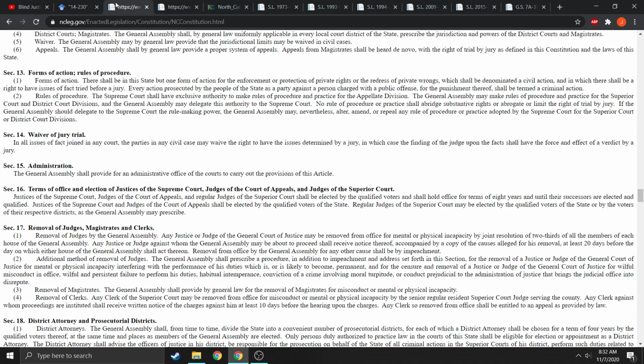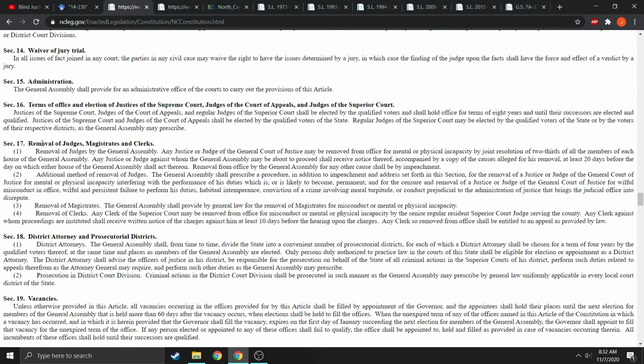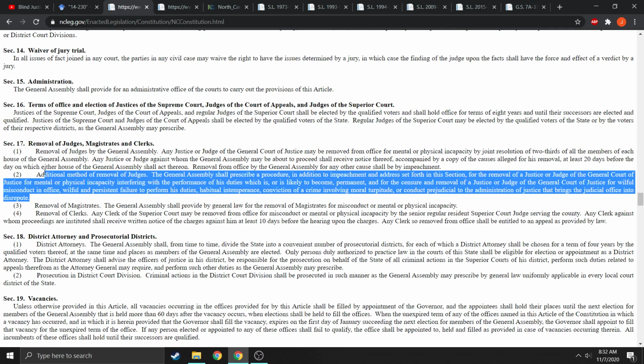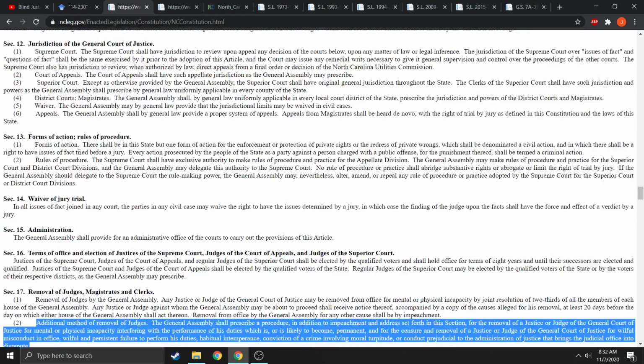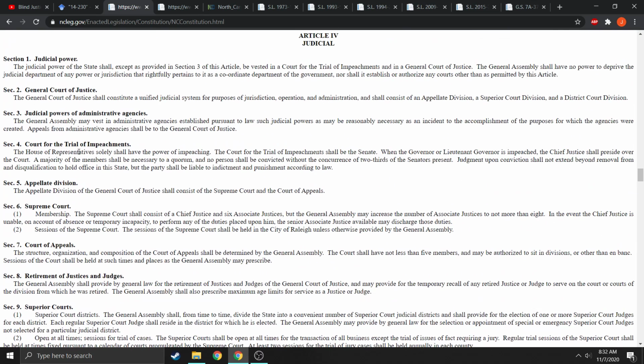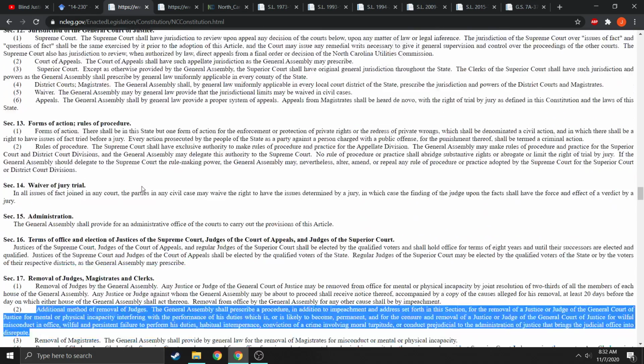So anyway, back to the Constitution of North Carolina, Article 4, Section 17. This right here, again, got my noggin jogging. Additional method of removal of judges. So there is, in Article 4, trial of impeachments, that judgment upon conviction shall not extend beyond removal from and disqualification to hold office in the state. So that is possibility one.